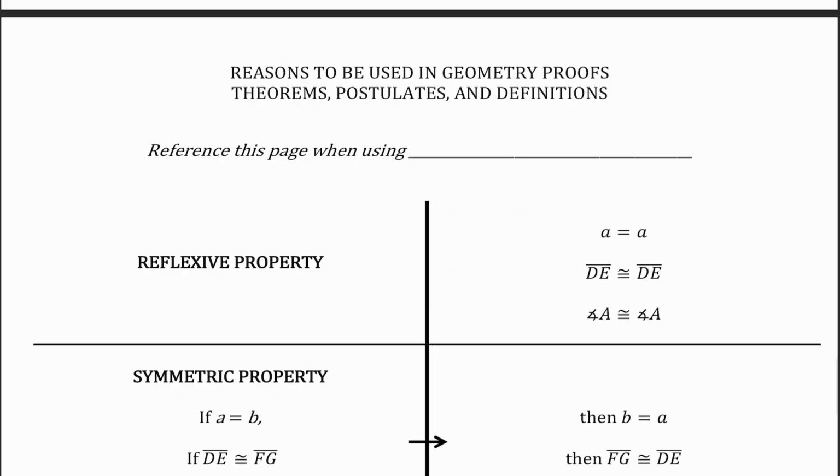Okay, next, the reference properties, again, using algebra. The reflexive property states that it's basically a mirror, like a reflection, right? The reflexive property is A is equal to A. It's like saying 5 is equal to 5. Segment DE is congruent to segment DE, and angle A is congruent to angle A. It's basically the same thing.